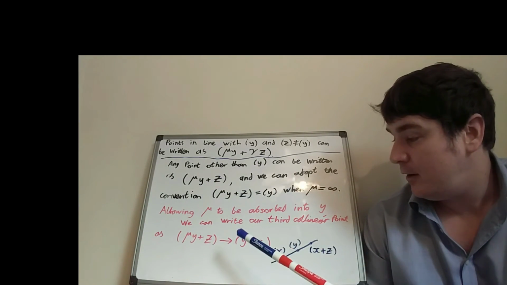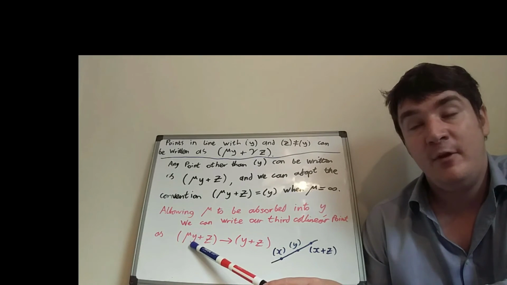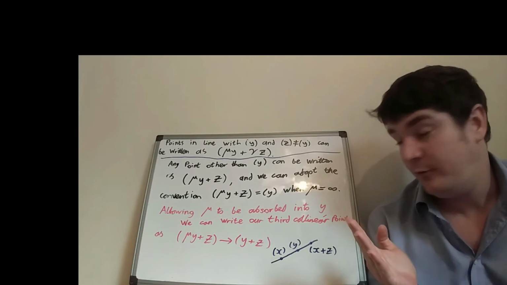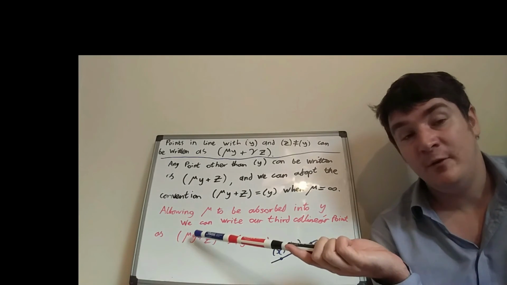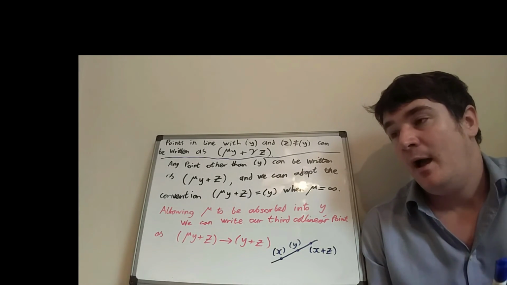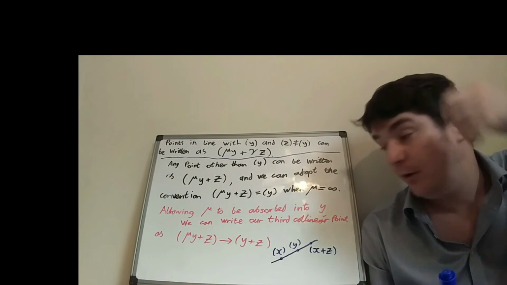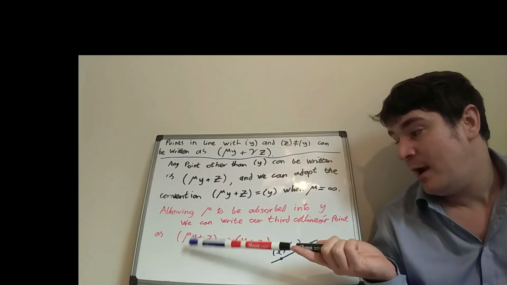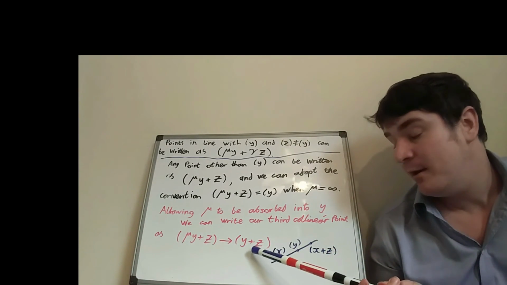Well, because we're free to multiply a point by any non-zero constant, we can essentially absorb this mu parameter inside the y parameter. So we can imagine that the coordinates y1, y2 and y3 are suitably scaled so as to absorb this mu parameter, and then we can rewrite mu y plus z simply as y plus z.